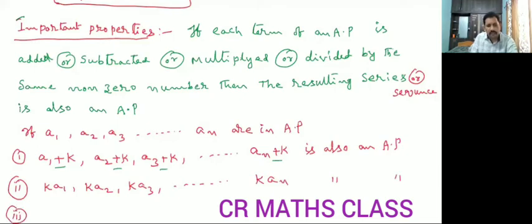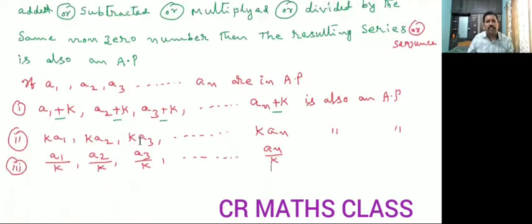Now the fourth property: A1 divided by K, A2 divided by K, A3 divided by K and so on, AN divided by K. Each and every term is divided by the same non-zero constant. If the denominator is 0, it cannot be defined. That's why I mentioned non-zero here. So the resulting series is also an AP.